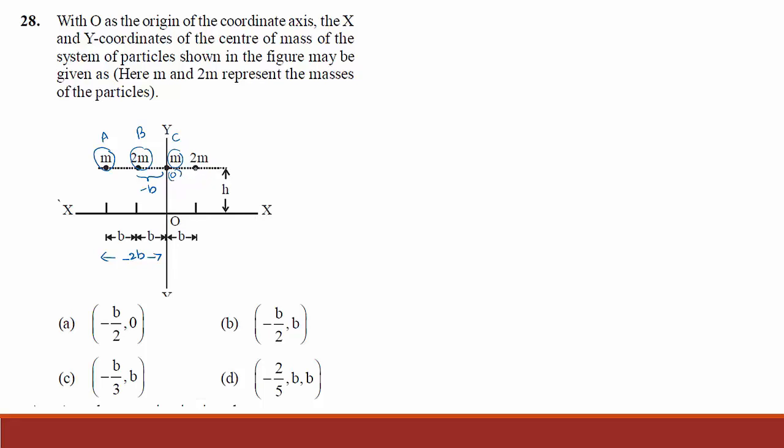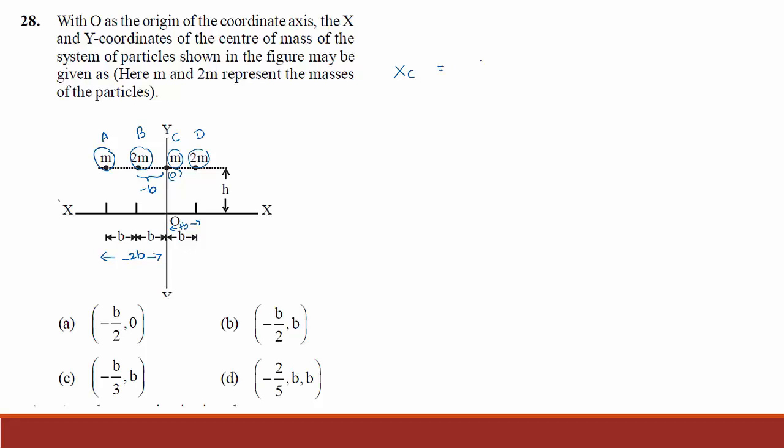Then come to the fourth particle. Let us take it as D having mass 2m, and the position vector of this particle from the origin is b, that we can write plus b because it is along positive x-axis. Now we can use the equation of position vector of center of mass, which is denoted by xc.